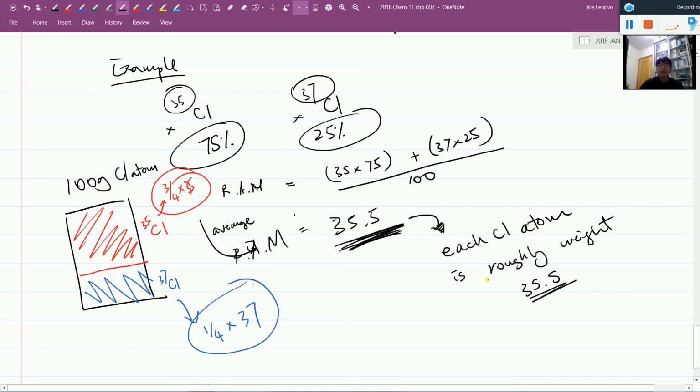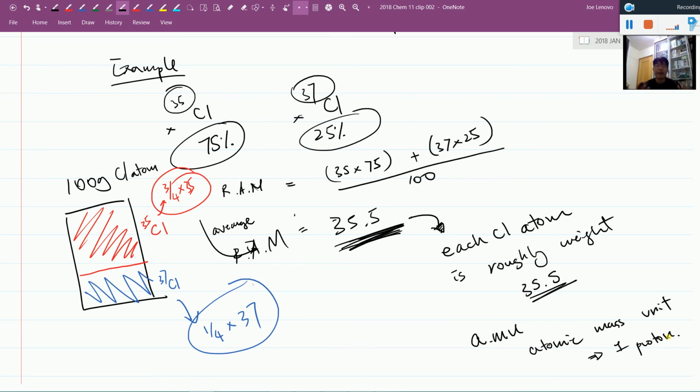We cannot use grams to represent atoms because they are so small, so we have a particular unit called AMU, the atomic mass unit, which equals 1 proton. It's like 35.5 protons for each. Taking the average, each chlorine atom is like 35.5 protons, in AMU.